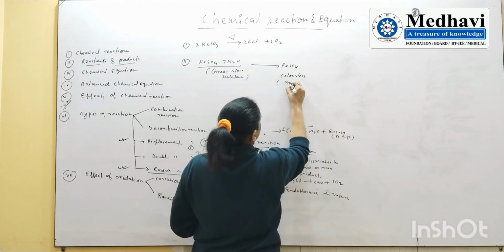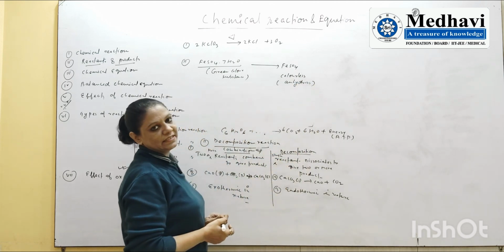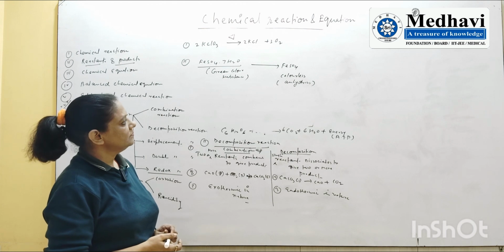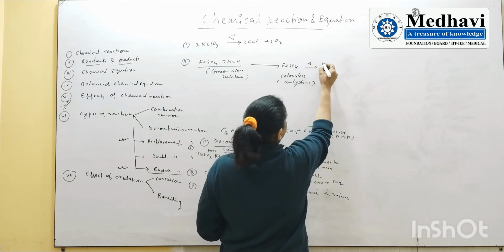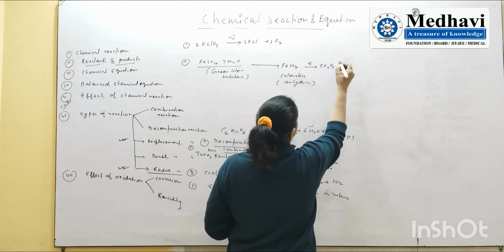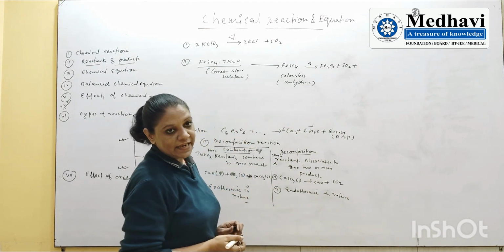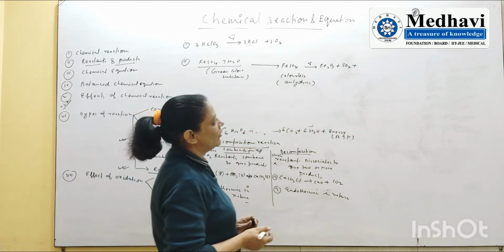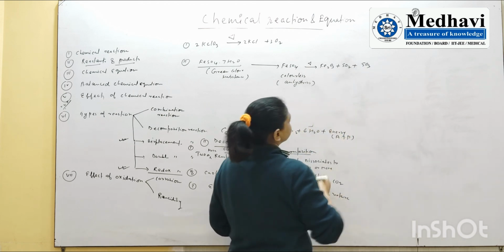And this part is called anhydrous. Very, very important: anhydrous. And this further breaks to give iron oxide, sulfur dioxide and sulfur trioxide.